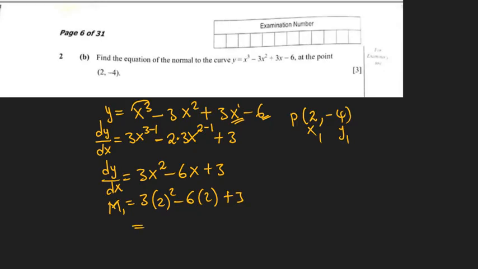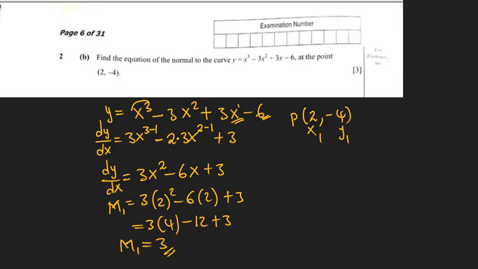To find your gradient, this one is going to be 3 times 4, this is going to be like 12 plus 3. What are you getting? So you're going to get your 3.